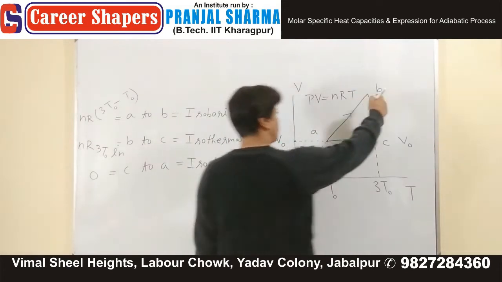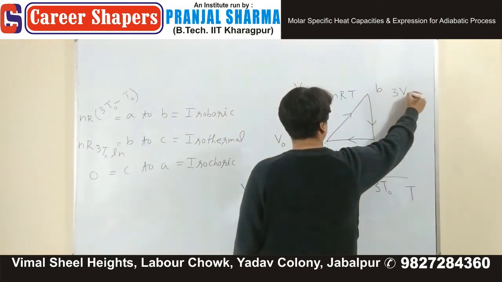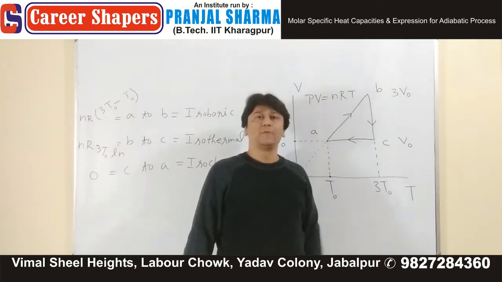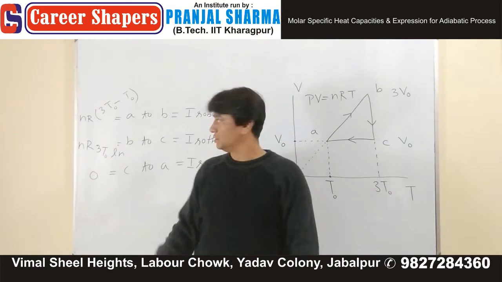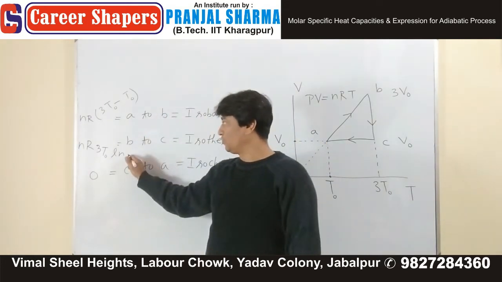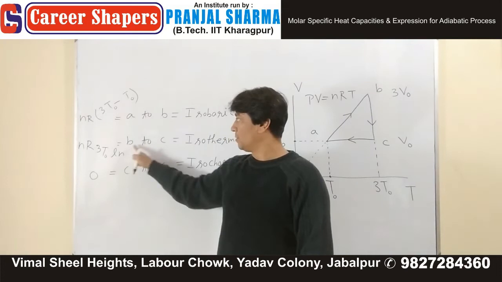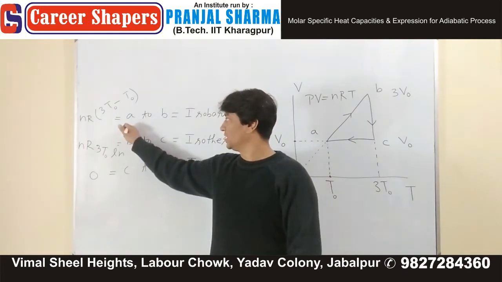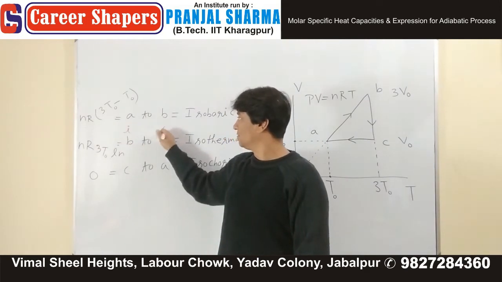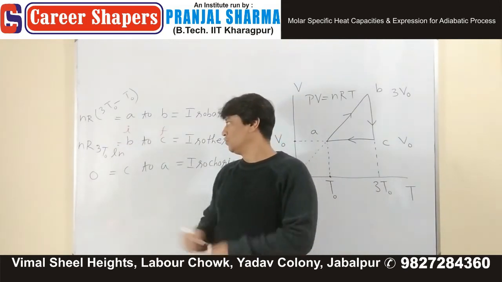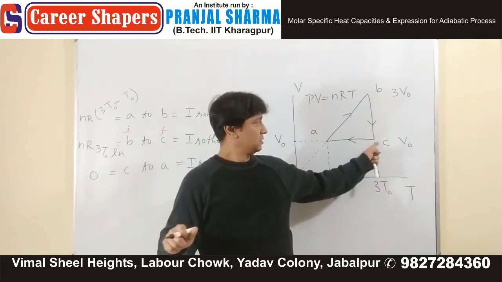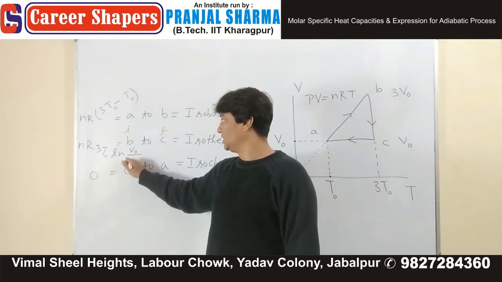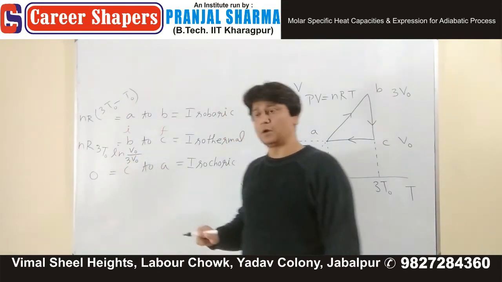So what is volume at B? 3V naught. Volume at point B. Now, log of V final. You're moving from B to C. This is initial, this is final. V final, V naught, divided by V initial, 3V naught.